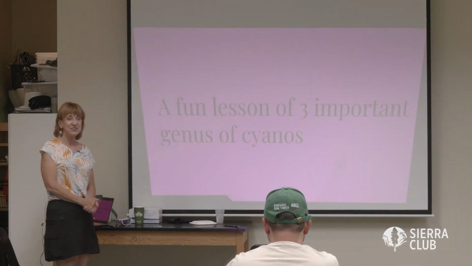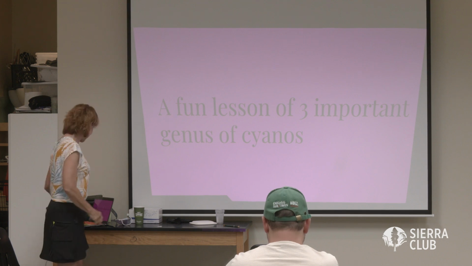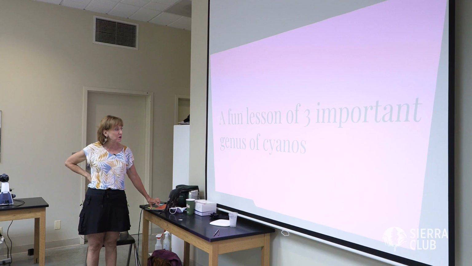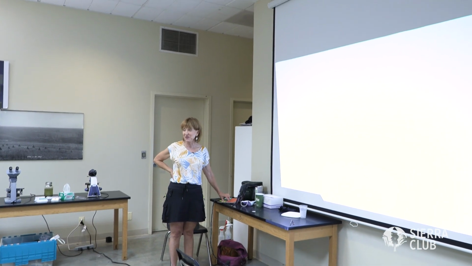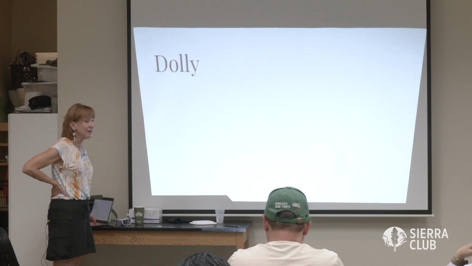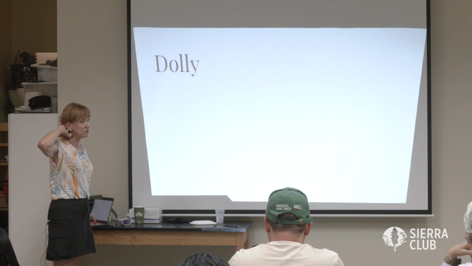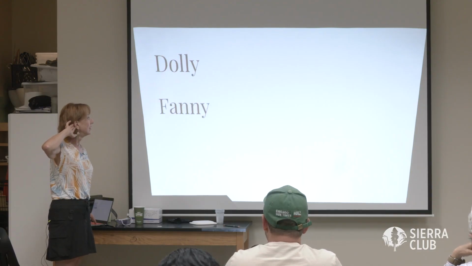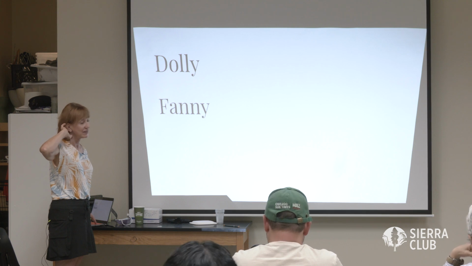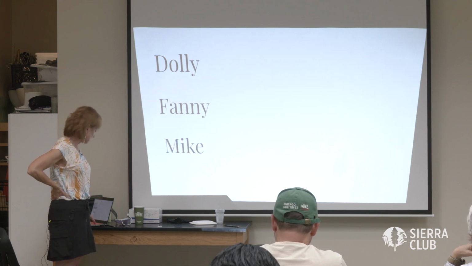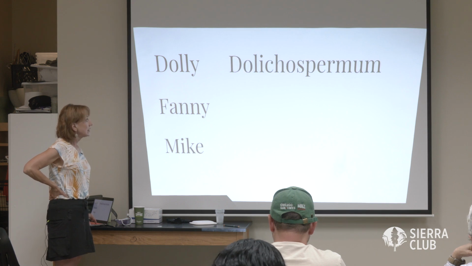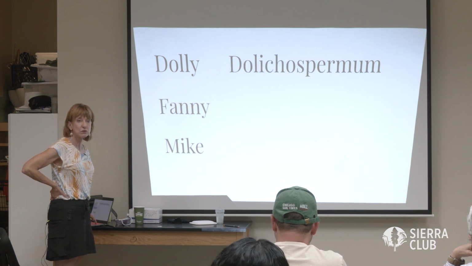Oh, good. So this is going to be kind of fun. These are 3 important genera of cyanos. 3 words. You're going to leave today knowing these 3 words. Dolly, say it after me. Dolly. Fanny. Fanny. Mike. Dolly is short for Dolichospermum.